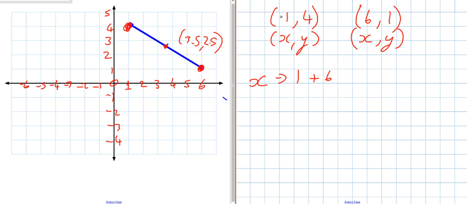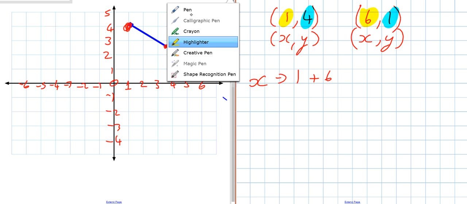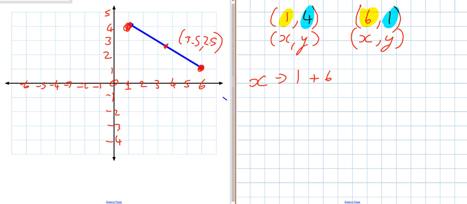Those are my x values, and the blue highlighted ones are my y values. So x values, 1 plus 6 gives me 7, and then to find halfway, I divide by 2, which gives me 3.5. So I found halfway between my x values.